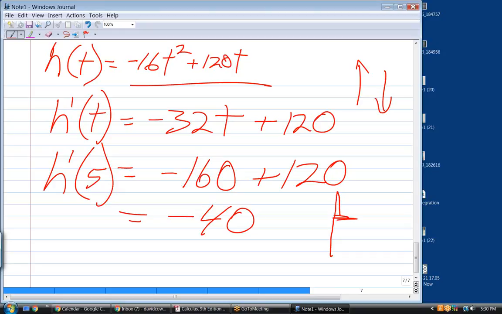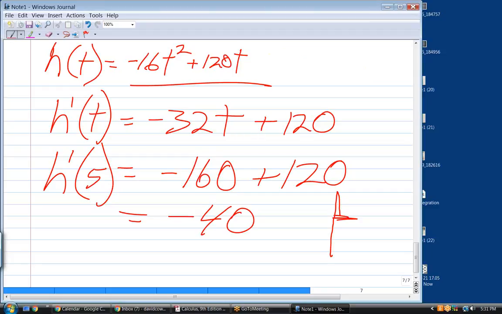In other words, if we wanted to find at what time it reaches its height, we just need the vertex, right? That's a parabola. So we could find the time that it reached its height rather easily.